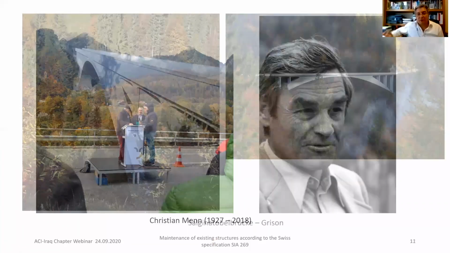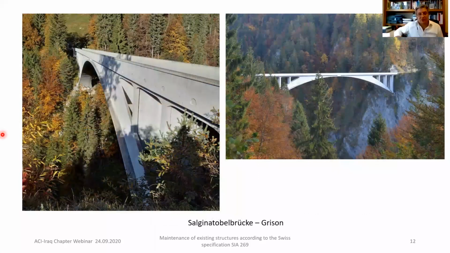Then I also want to present the Salginatobel Bridge, which is also in Grison. This bridge was constructed in 1930 by Robert Maillart.